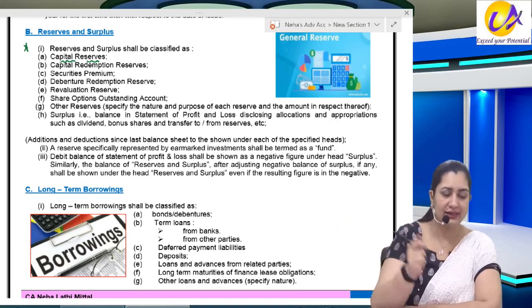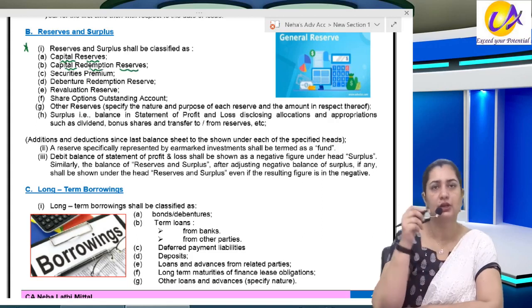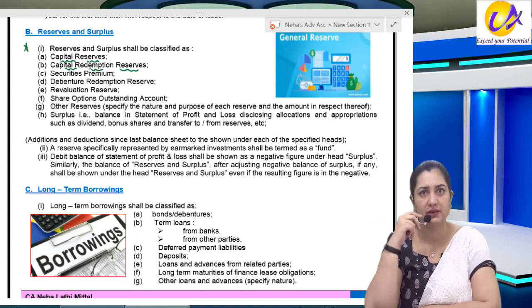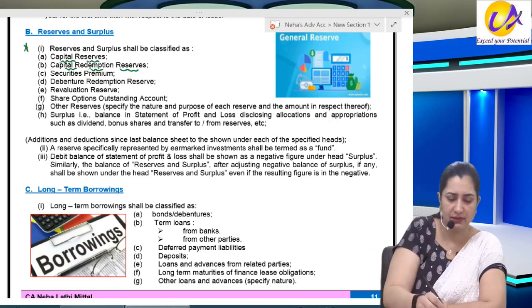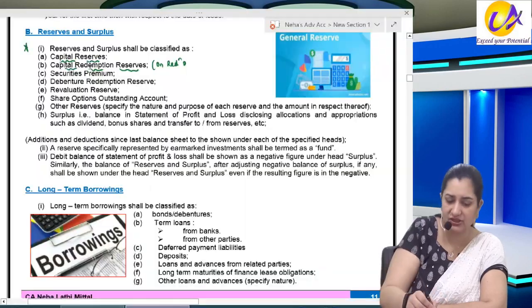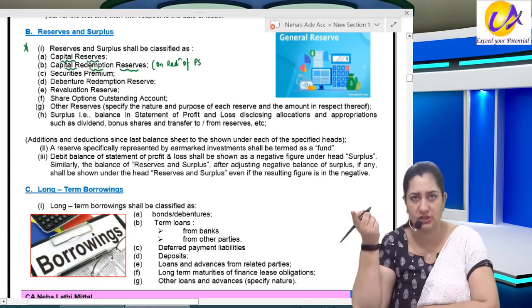Okay. Or capital redemption reserve. We call it CRR in short. So when the company is doing redemption of preference shares, you had this chapter earlier in your syllabus, but now this has shifted to foundation.